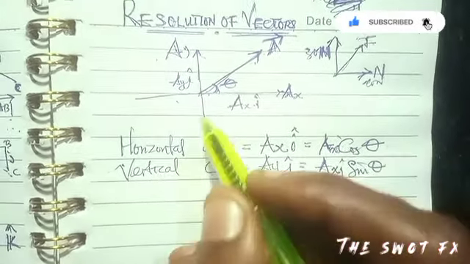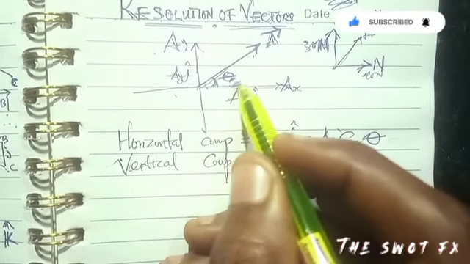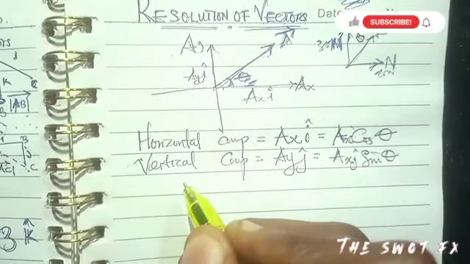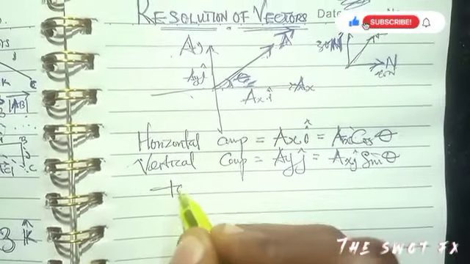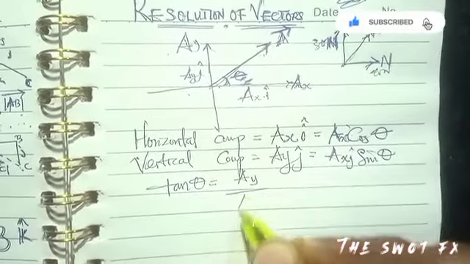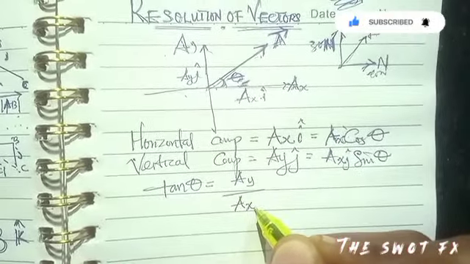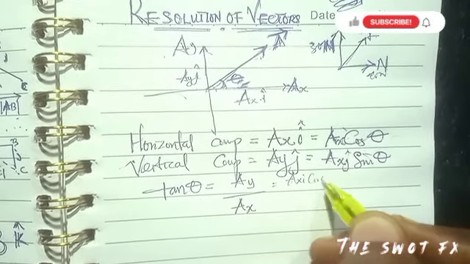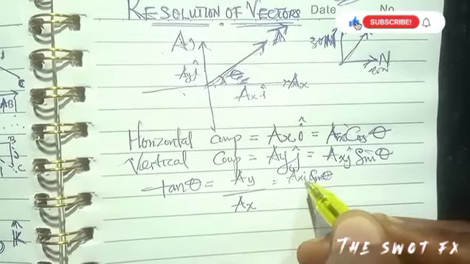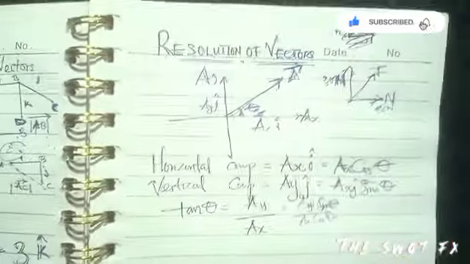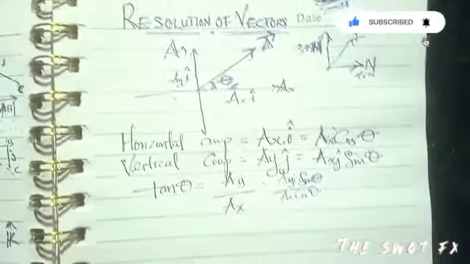The angle of direction here is our theta, which happens to be tan theta equals ay over ax, which is A sin theta over A cos theta. But that's not where we're actually going; it's just a light explanation.